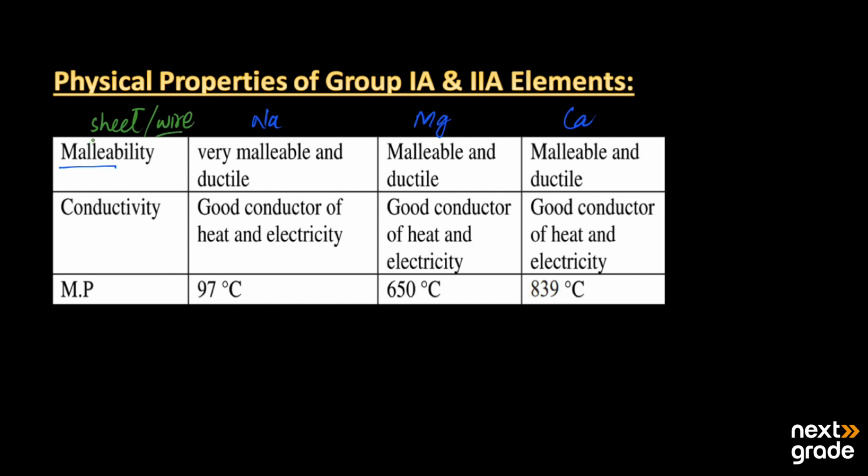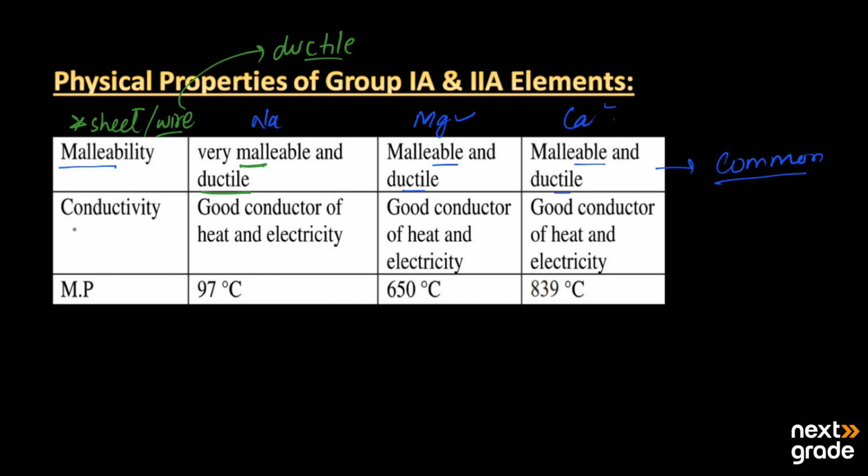This property is called malleability, and converting them into wires is known as ductility. Sodium is very malleable and ductile. It can be easily converted into sheets as well as wires. Magnesium is also malleable and ductile, and calcium is also malleable and ductile. So this is a simple property that is common to both alkali and alkaline earth metals.